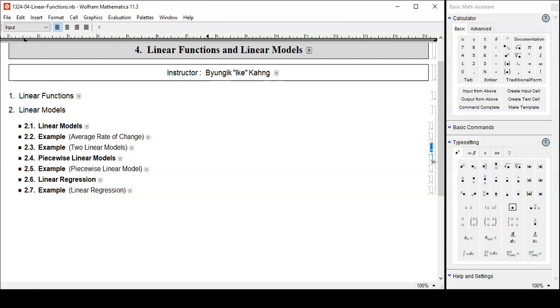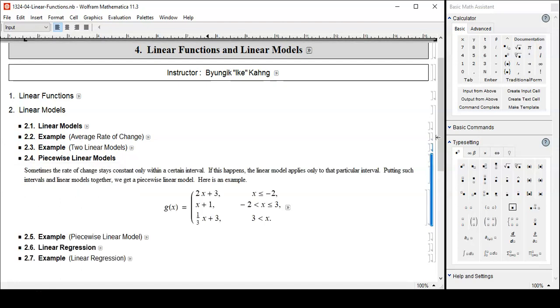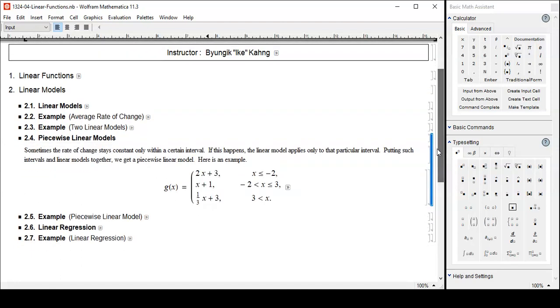All right, next, what do we have here for piecewise linear models? This problem's a bit too much of a textbook example. Sometimes we have rate of change that stays constant in a certain interval, but we have different rates of change for different intervals.